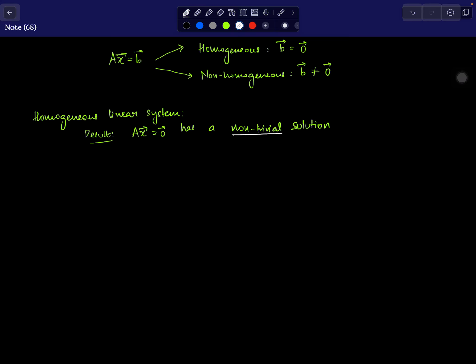Well, trivial is the scenario when you take your x vector or your variable vector to simply be the zero vector. And if you think about it, that is always a solution of a homogeneous system, right? Like if you take any matrix A and if you multiply it with the zero vector, you will, of course, get the zero vector, right?